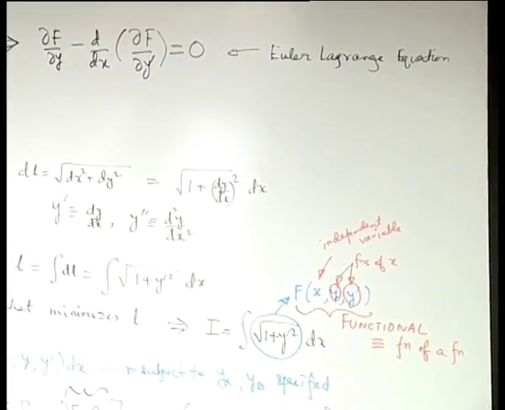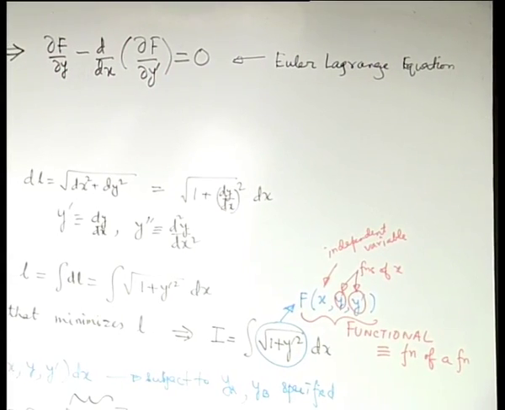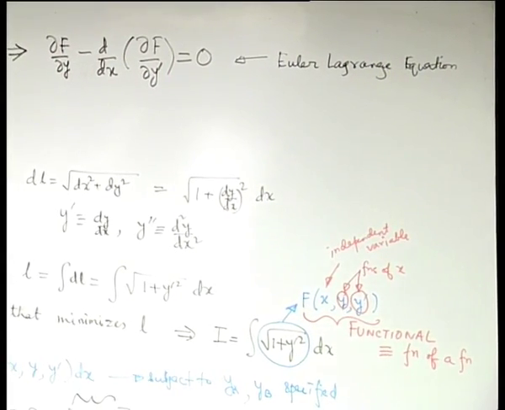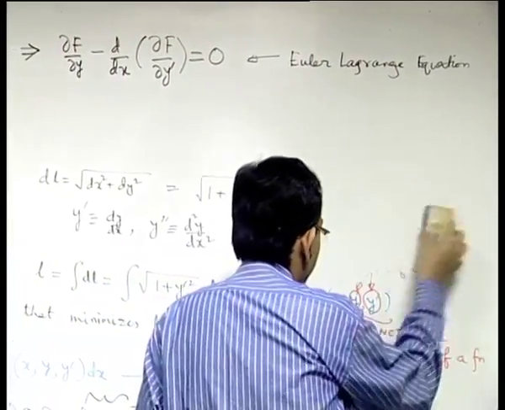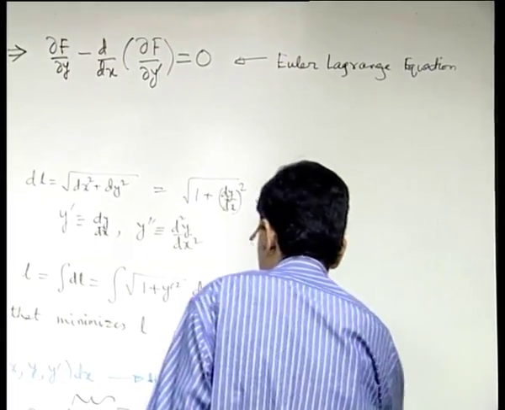Let us try to apply this Euler-Lagrange equation for the minimization of the distance between the 2 points, this example.